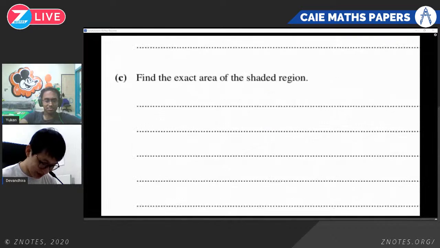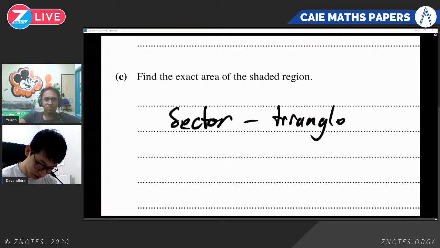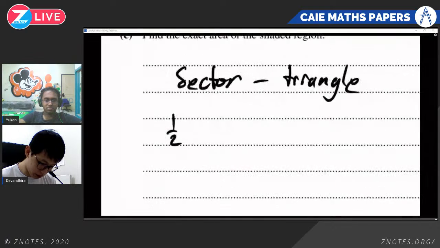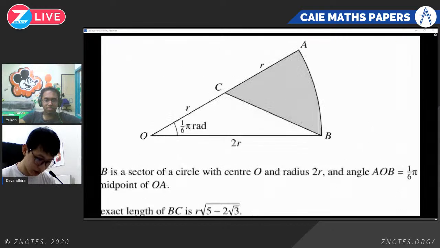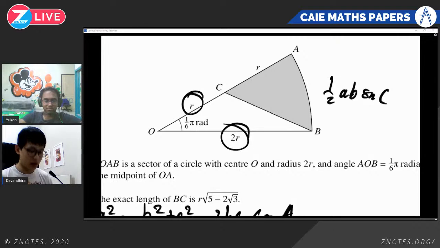All right, so we have the sector minus triangle. The formula for the sector is half theta r squared. And our triangle, it would be much easier if we use this formula for the triangle, because we know both adjacent lengths relative to the angle.